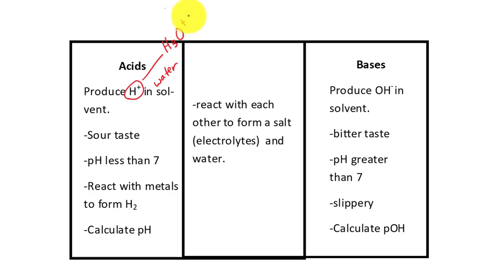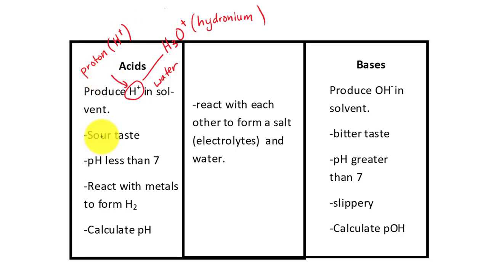So basically, this H plus has reacted with water to make the H3O plus, and we have a name for this H3O plus. It is hydronium. We also have another name for H plus by itself. This is considered a proton. So proton is another word for H plus. That's not talking about the proton in an atom.